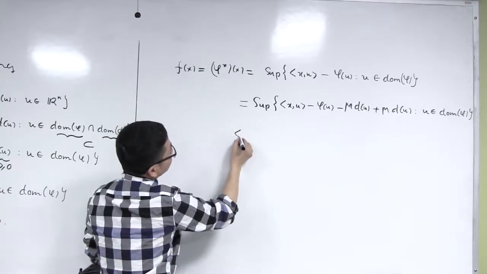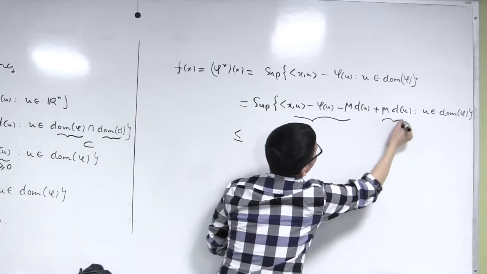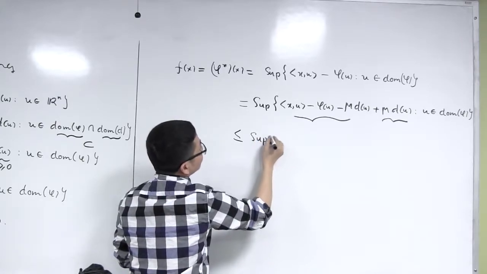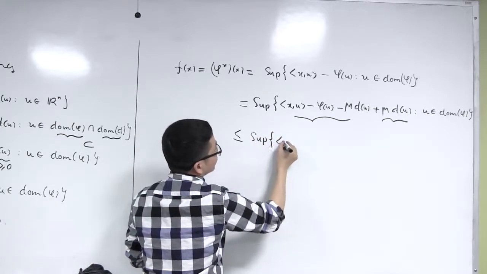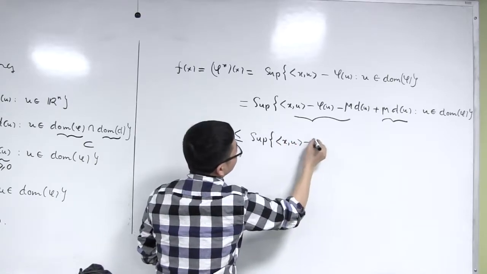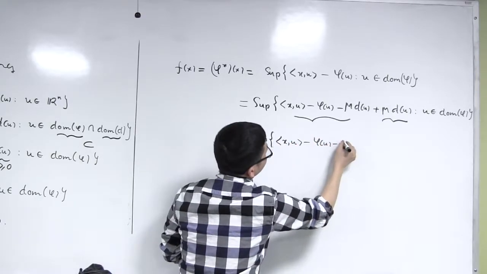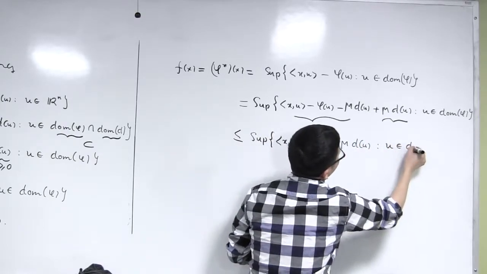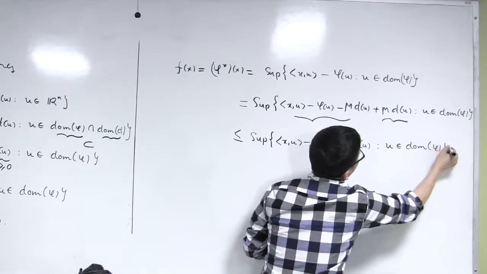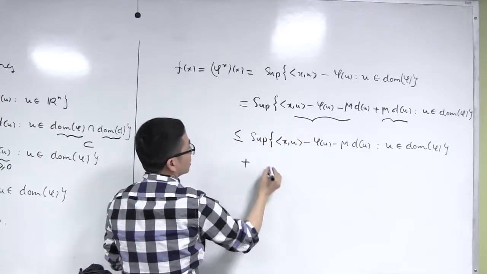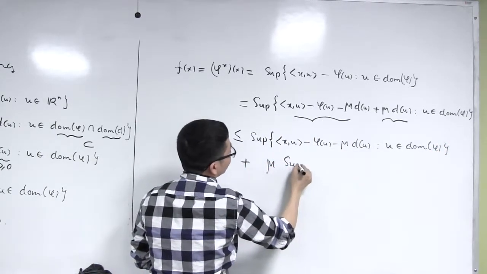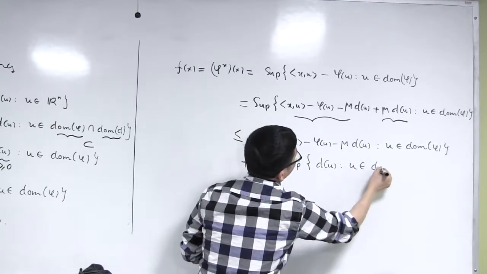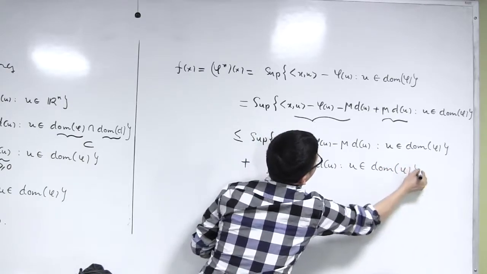So this is less than or equal to the sum of the suprema. So the supremum of this inner product, where u runs in the domain of phi, and then we add mu times the supremum of d of u, where u runs in the domain of phi as well.